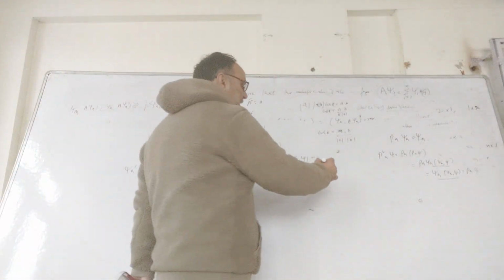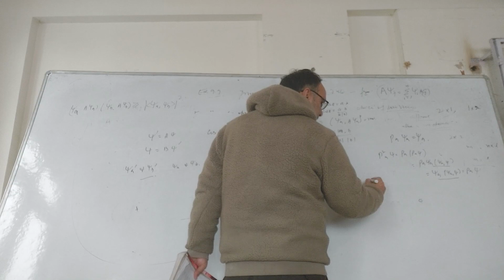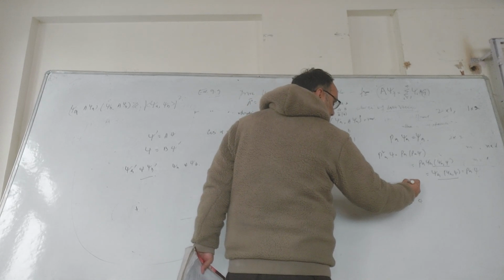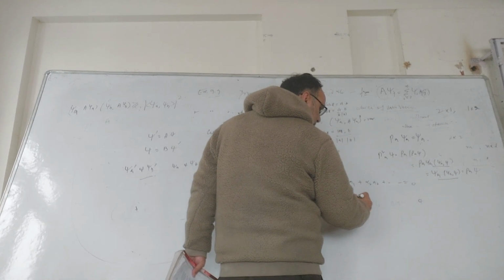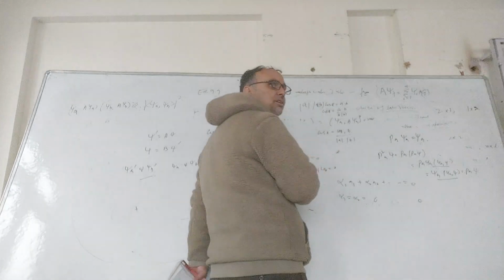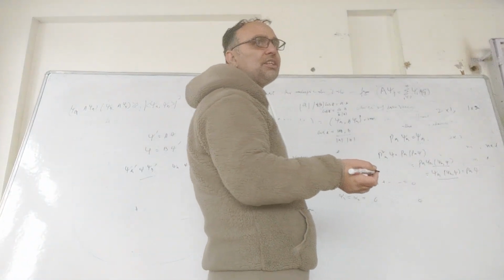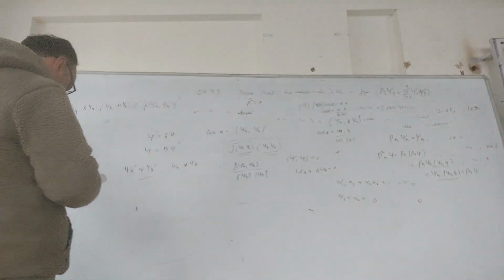Linear independence में क्या होता है? Alpha 1 A1 plus alpha 2 A2 plus so on is equal to 0. Here alpha 1 is equal to alpha 2 is equal to 0, linear independence है तो.